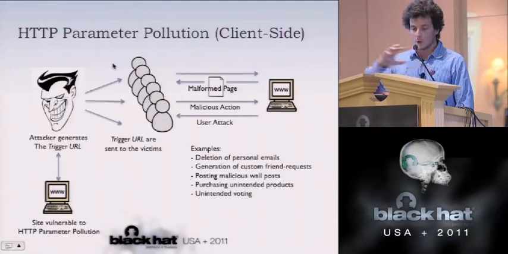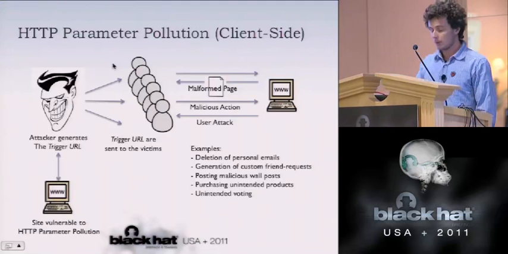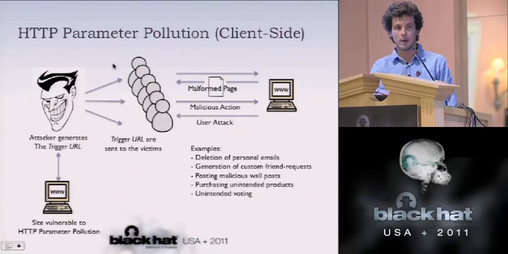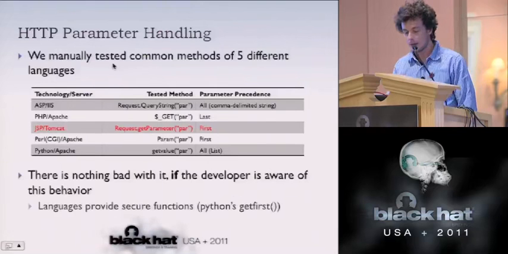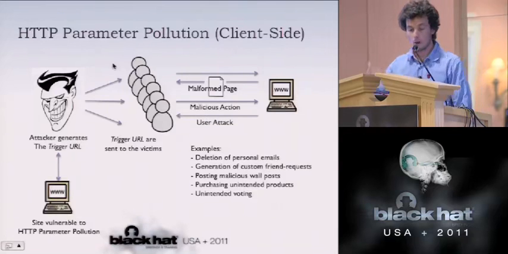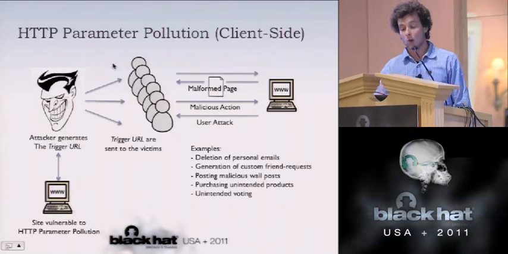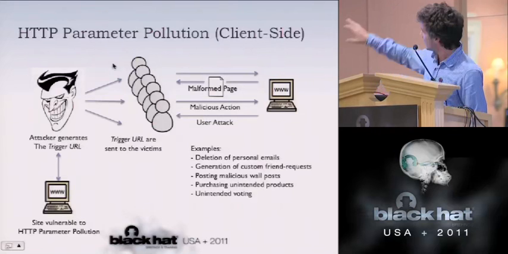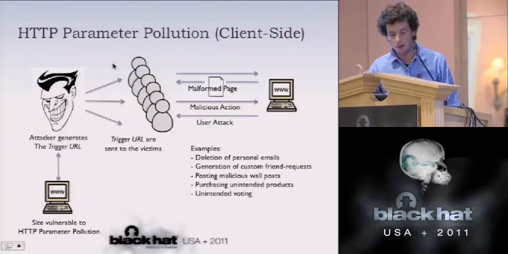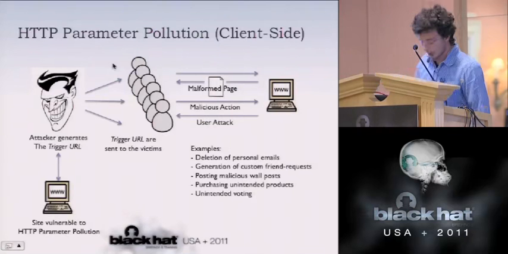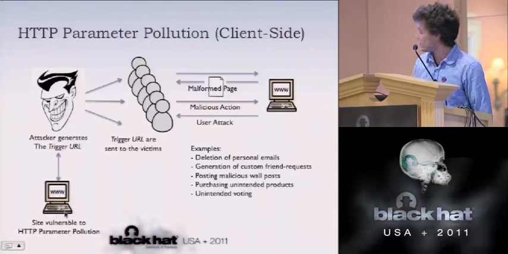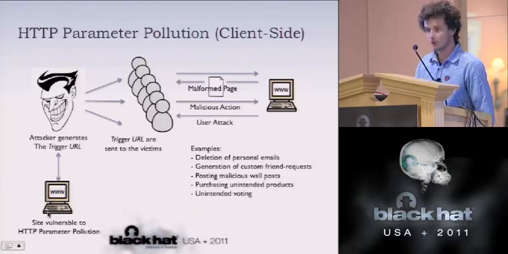So now we go into HTTP parameter pollution. I'm going to show you how this parameter handling affects pollution, and how it can be used to run an attack. The first thing we will see is the client-side attack. In a client-side attack, you have a site that is vulnerable to parameter pollution.